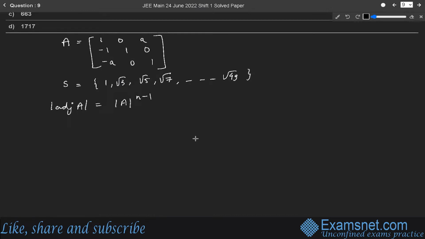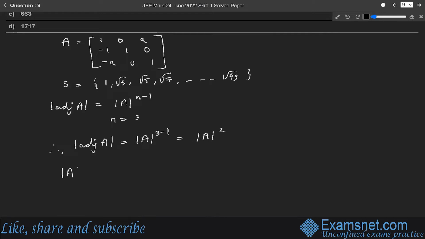Here n is the order of matrix and we have a 3 cross 3 matrix. Therefore, n will be equal to 3. Therefore, determinant of adjoint of A will be equal to determinant of A power 3 minus 1, which is equal to determinant of A square.